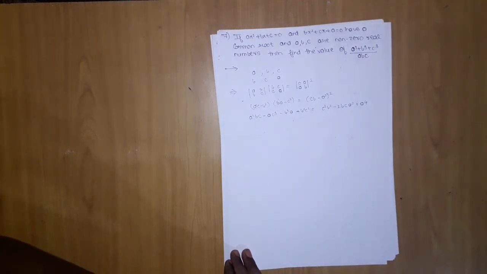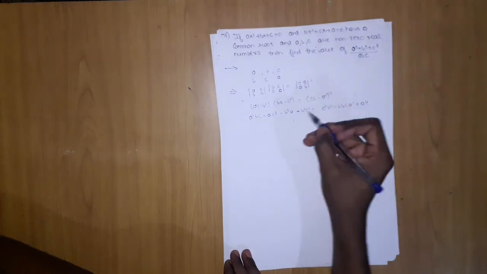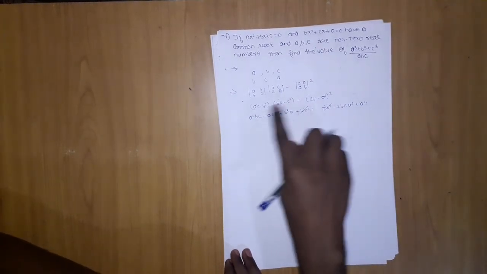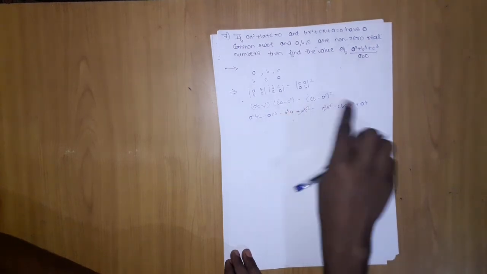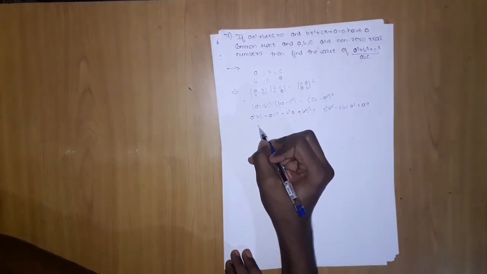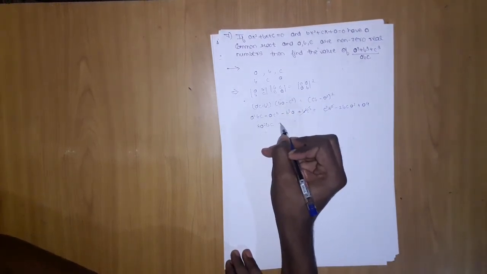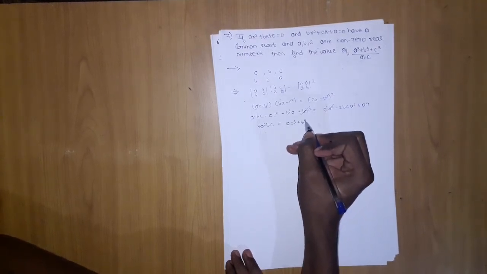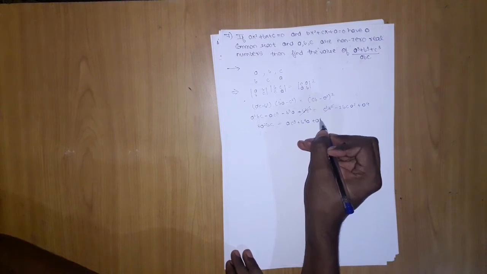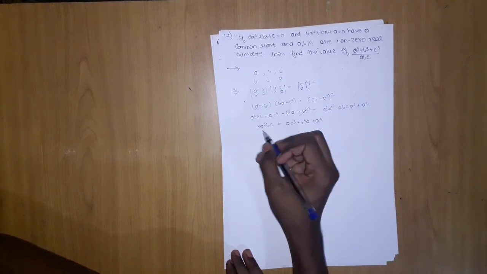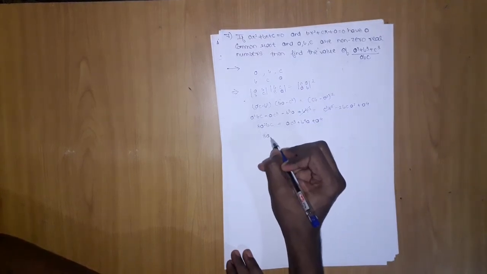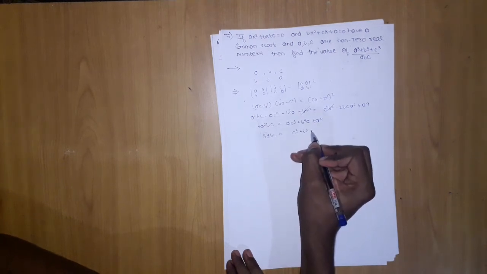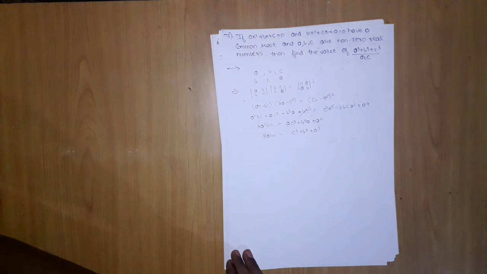Now do any terms cancel out? Yes, these two terms will cancel out, and these two terms will add up, and we will move this term here. So I am getting 3a square bc equals a c cube plus b cube a plus a raised to 4. If I take a common and divide throughout by a, I will get 3abc equals c cube plus b cube plus a cube, which is the required thing.